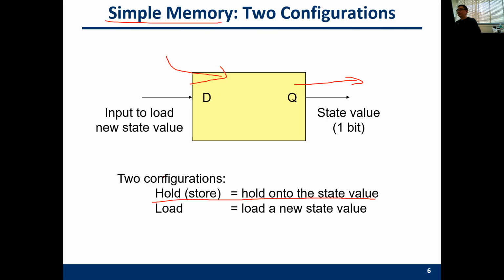And the memory should also have another function, which is a load, which means that we write a new value into the memory. Basically, these two are the basic functions of a memory element. And this is a so-called D-latch. Because the input here is D, we call it a D-latch. Q here is the output. We write the data into the memory element from the D input, and we can read the data stored in this element from the Q port.